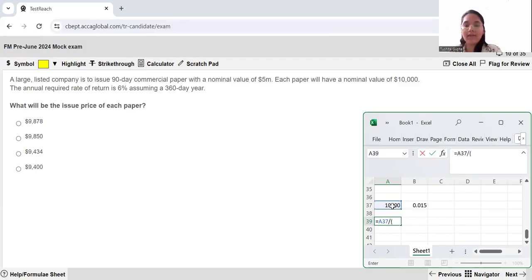So this divided by 1 plus this value over here, you hit enter and you will get 9582. So sorry, 9852, and in the nearest sense it will lead you to an answer of 9850. This is the closest option that we have available.